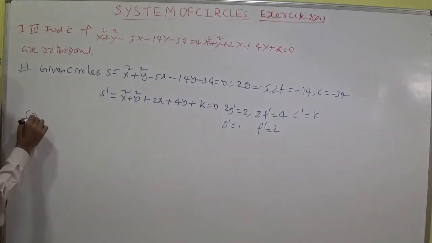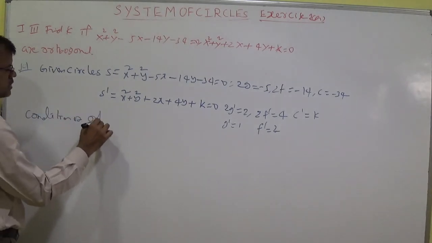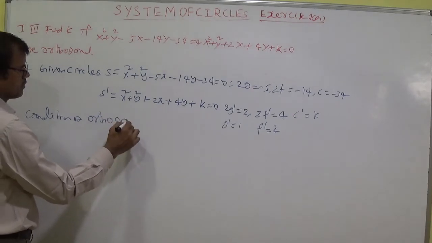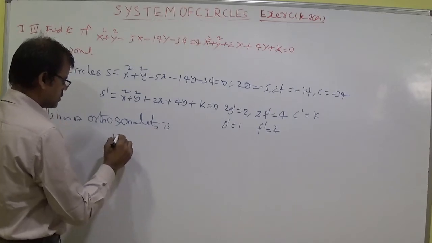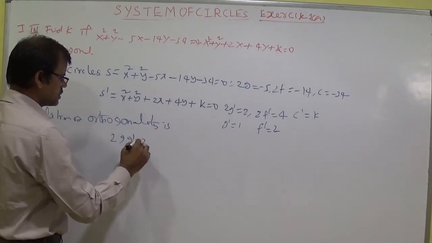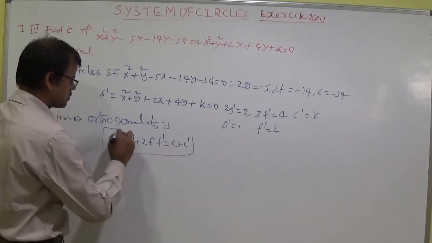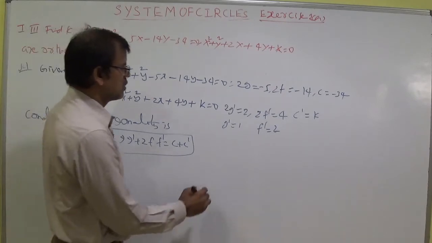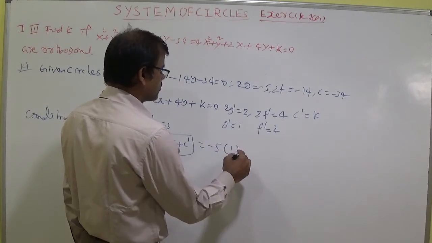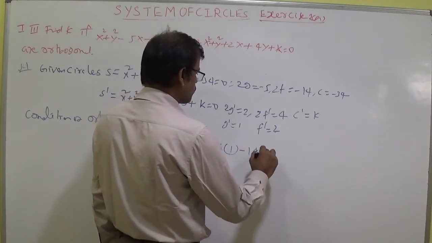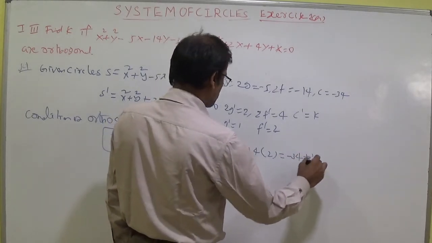The condition of orthogonality is 2gg dash plus 2ff dash equal to c plus c dash. 2g means minus 5 into g dash 1, 2f means minus 14 into f dash equal to 2, equal to minus 34 plus k.